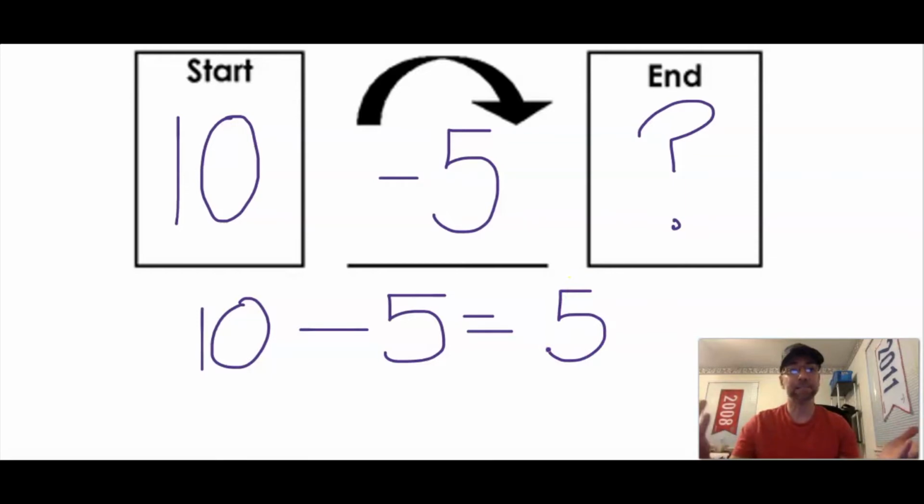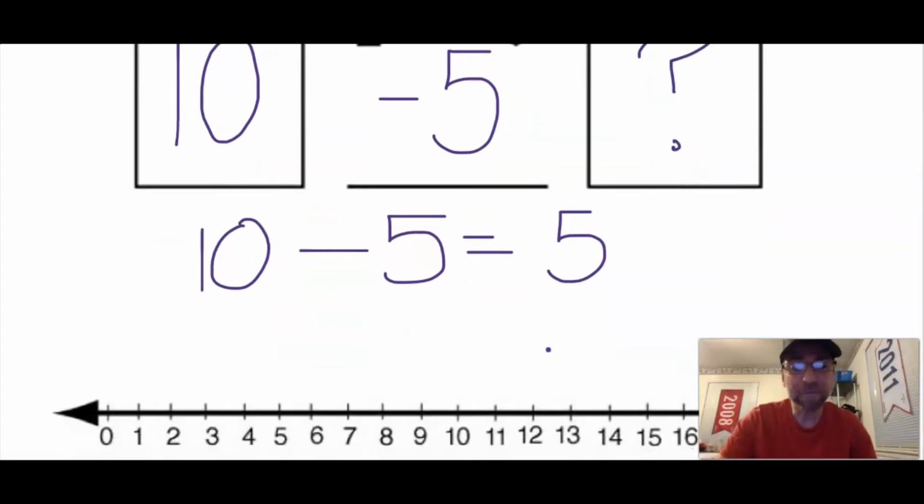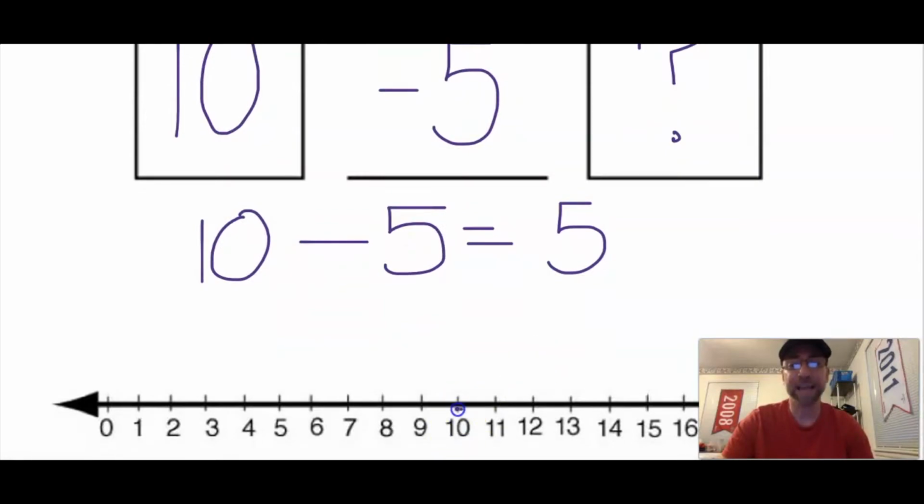There it is. Now I can solve that on my number line too. My start is 10, and I had to count back 5. 5 less. I'm heading toward 0. 5 times. 1, 2, 3, 4, 5.